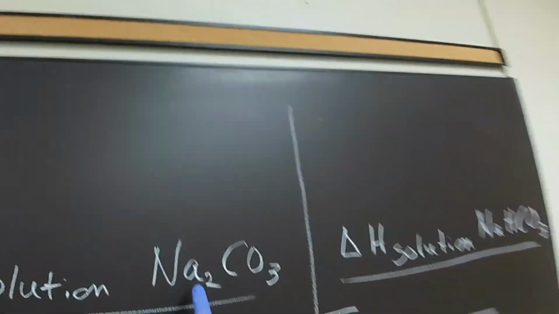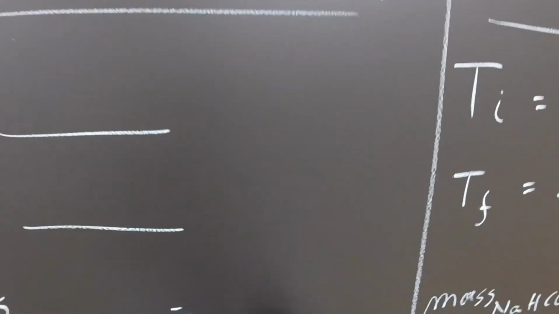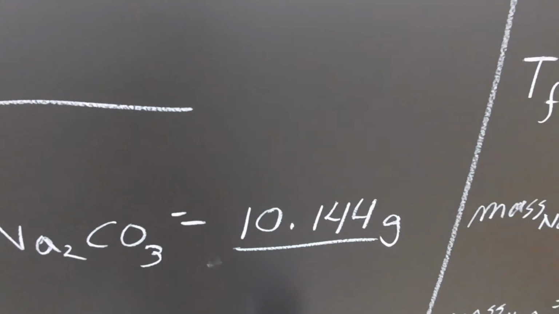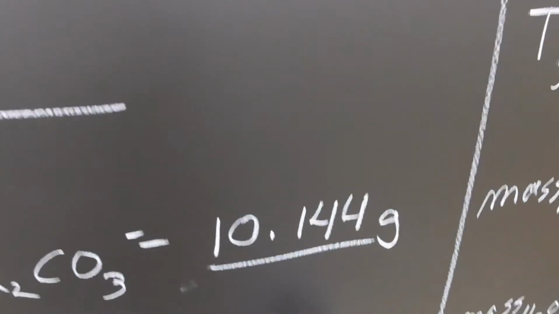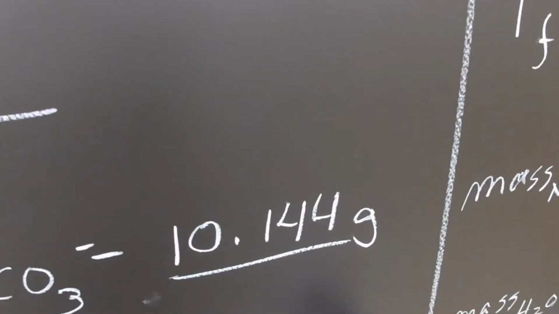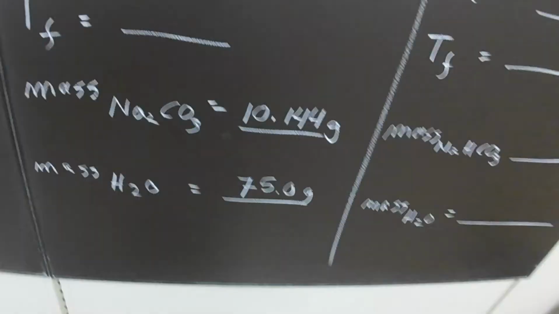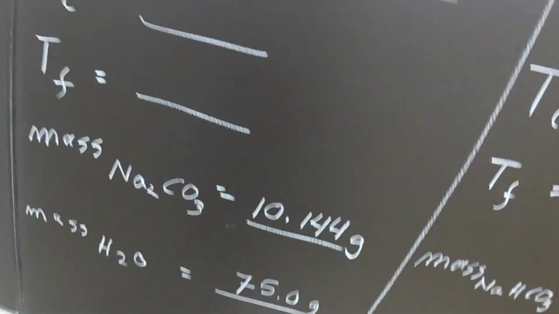What's the mass of the water? The mass of the water is 75.0 grams, because water is 1 gram per milliliter. 75 milliliters is 75 grams.